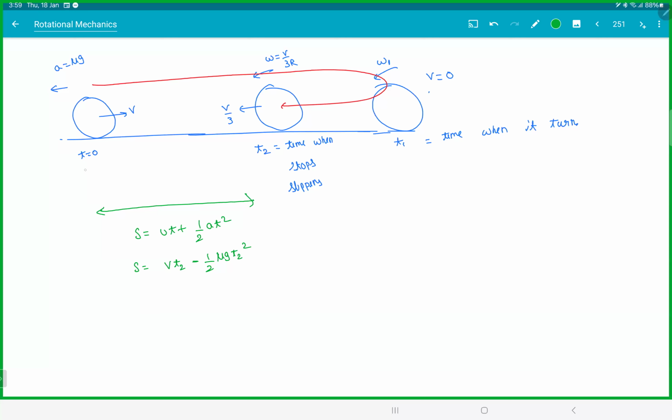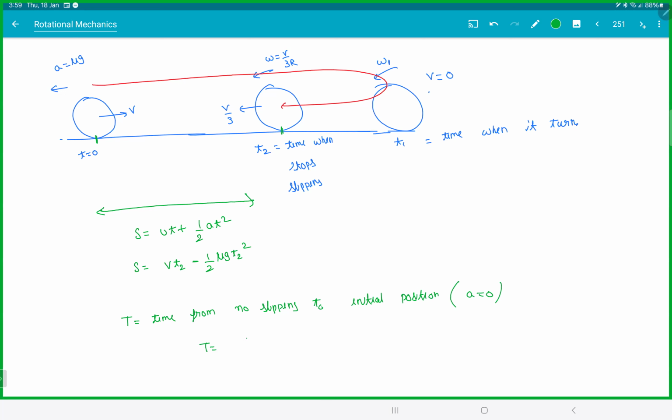And then the additional time when it comes back again here, that will be t3. So time taken to come back from t2 to this initial position, how much is this? Time from no slipping to initial position. Remember, in this position, acceleration is 0 because slipping stopped.